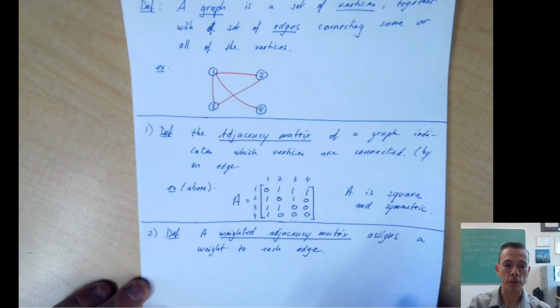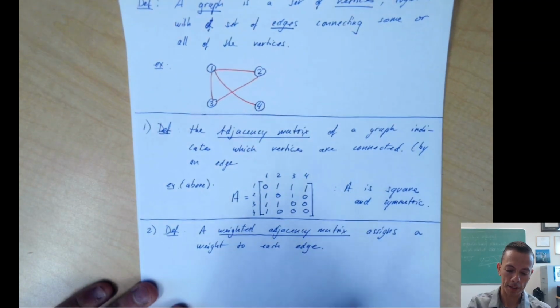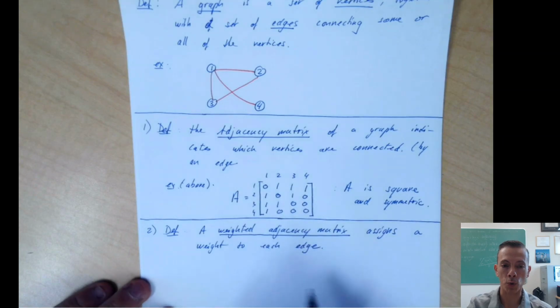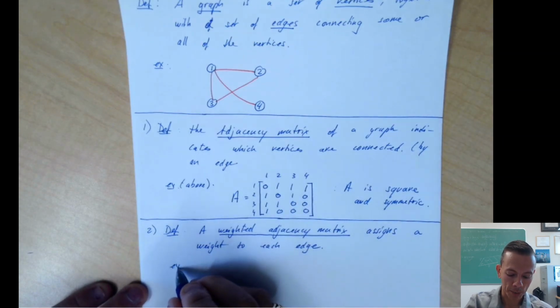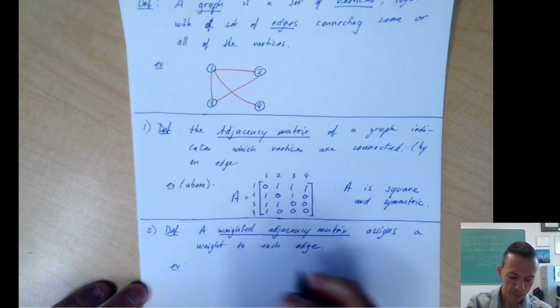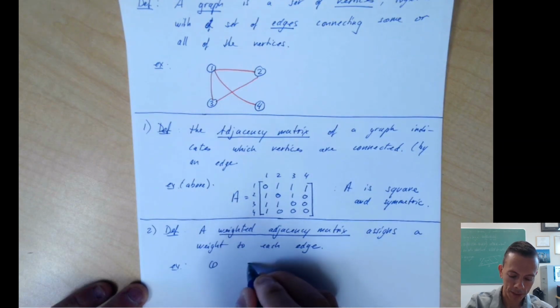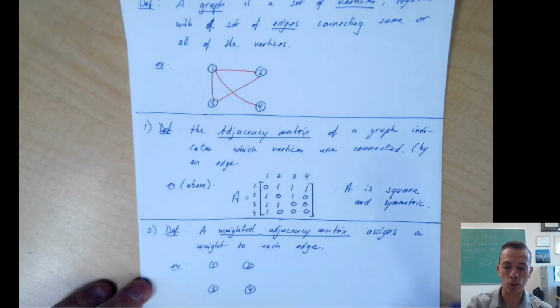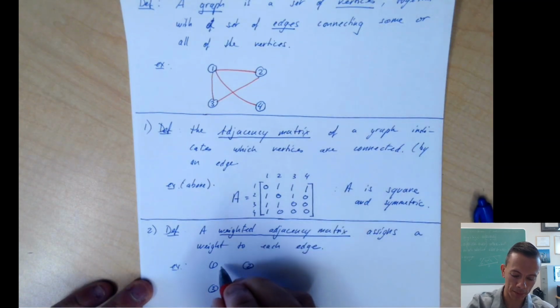And so the only difference in this matrix is that the elements are no longer just 0 and 1s, but they can take on any other value. So for example, if we have a graph, let's just assume we have 4 vertices again, 1, 2, 3, 4, and let's assume we have the same edges as above.